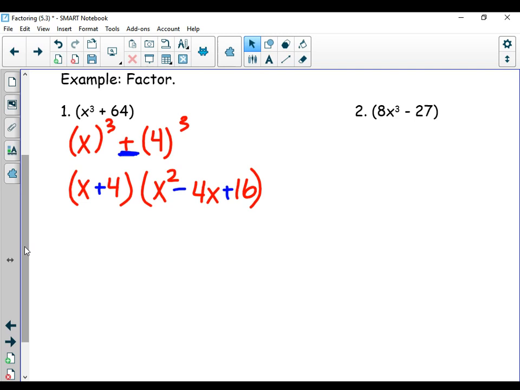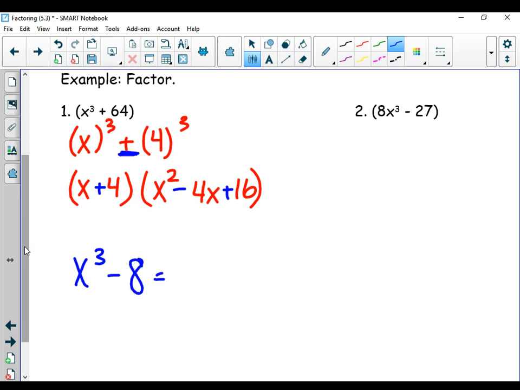But once this is factored and once you memorize that crazy formula, it doesn't go any further than that. So let's try another one like that, x cubed minus 8.